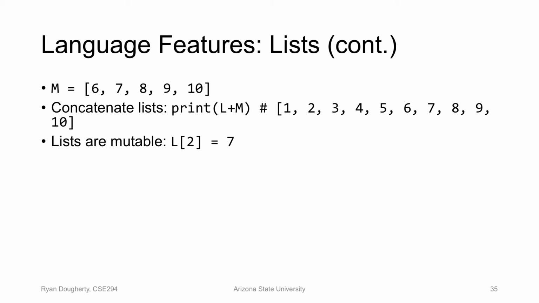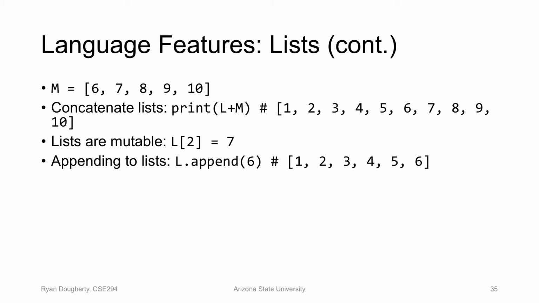Obviously, lists are mutable. We can assign to a particular index with a particular value. We can append to a list. The way to append is calling the .append function on a list. So here I'm saying L.append(6). What it does is it appends it on the end of the list. Okay.